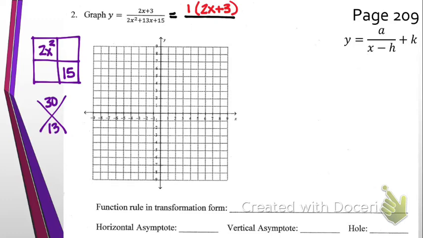Go ahead and factor that out. So who knows two numbers that multiply to be 30 but add to 13? 10 and 3. Good job.